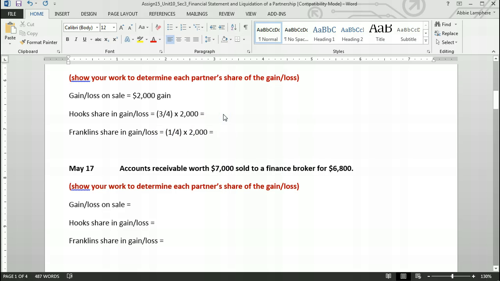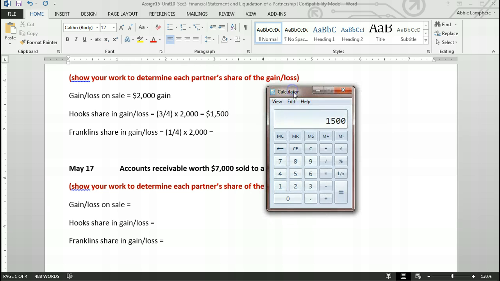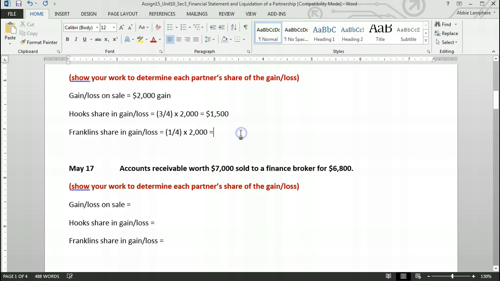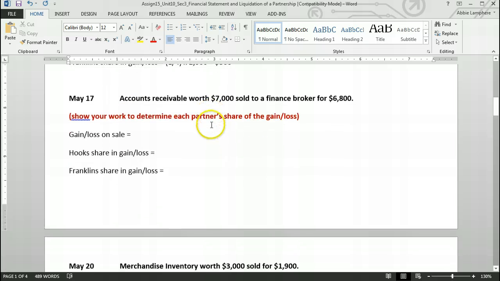So Hook's share is $1,500 of that gain. And then Franklin's share, we take 1 divided by 4 times 2,000 equals $500. So we have $500 going to Franklin for his share. That was the gain, and that's how it looks split between both partners.